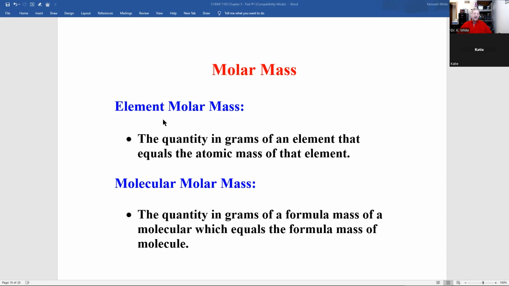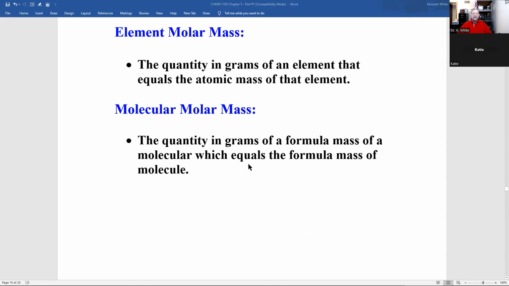The molar mass of an element is the quantity in grams of an element that equals the atomic mass of an element. The molecular molar mass is the quantity in grams of a formula mass, otherwise known as molecular weight, of a molecule that equals the formula mass of the molecule.